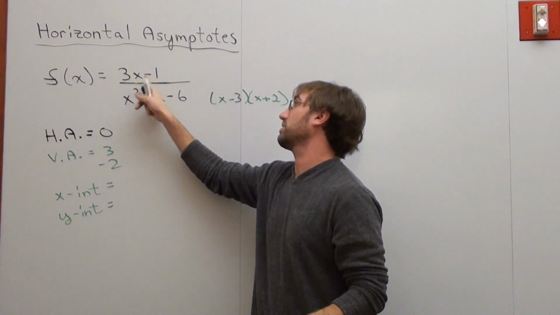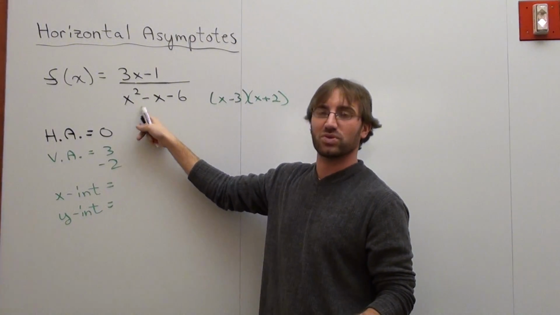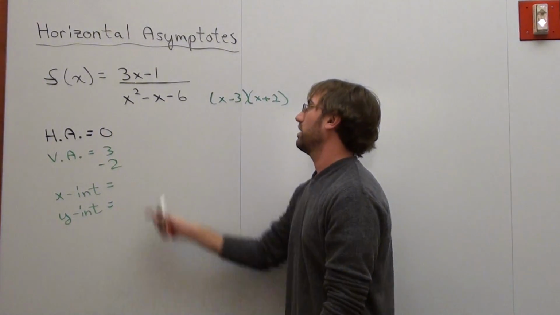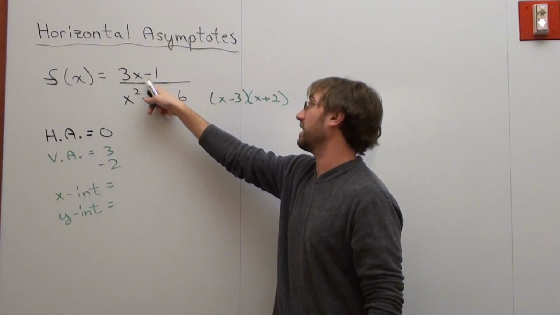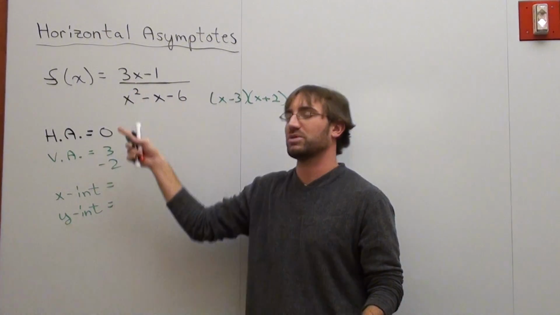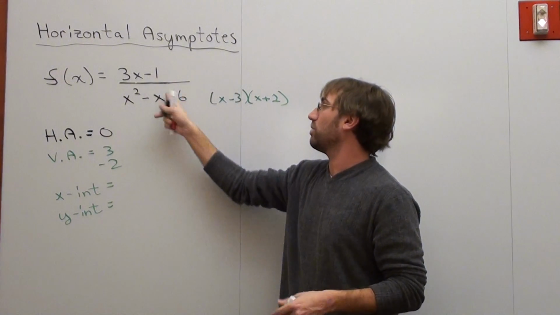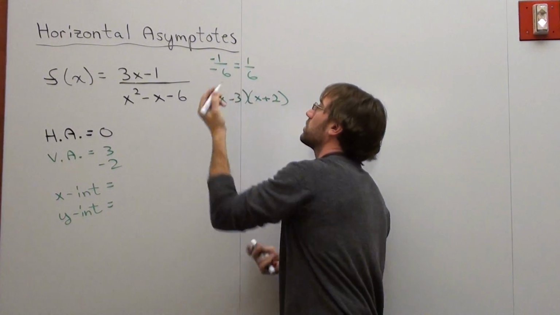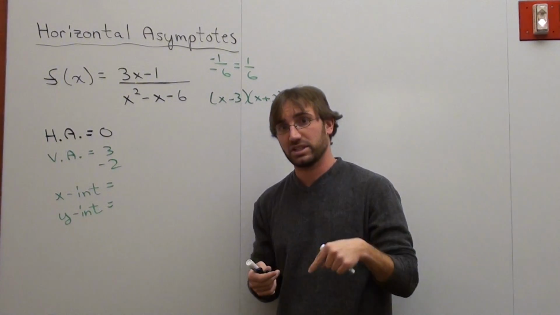So you've got (3 times 0 minus 1) over (0 squared minus 0 minus 6). Everything with an x is 0, so I don't even have to account for that. All I've got is negative 1 divided by negative 6. You can substitute them in if you want to, but it comes out to the same thing. So negative 1 over negative 6 is 1/6. So my y-intercept is 1/6.